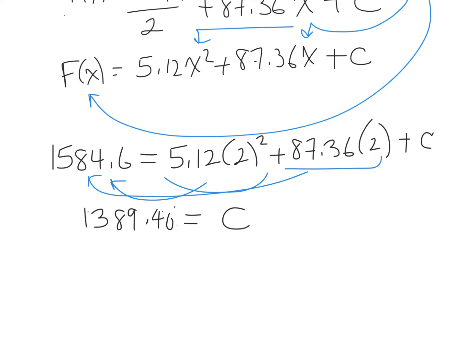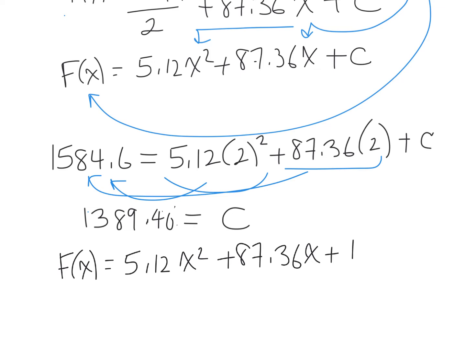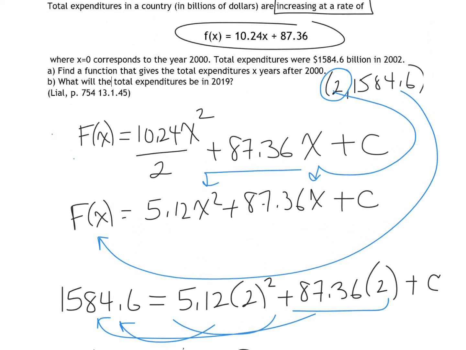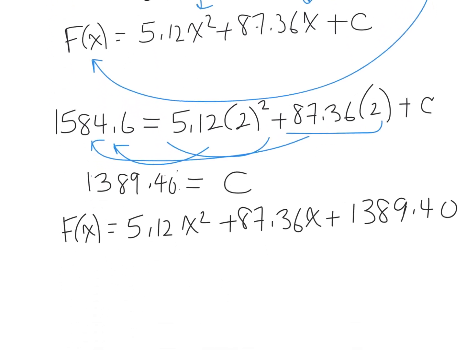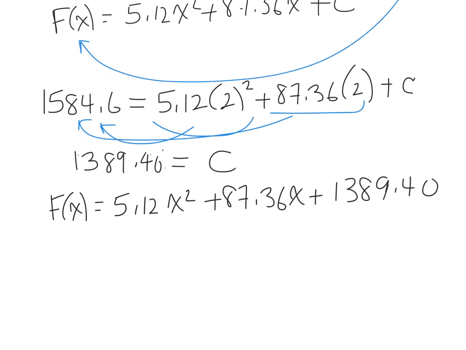So we can put that function back together with the constant in place. 5.12x squared plus 87.36x plus 1,389.4. And then it asks us to find the total expenditures in 2019.